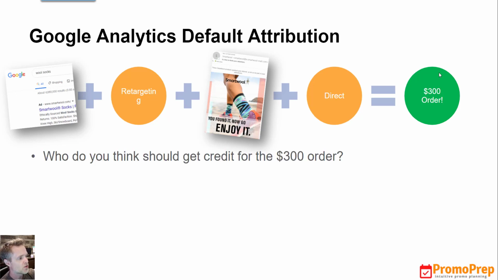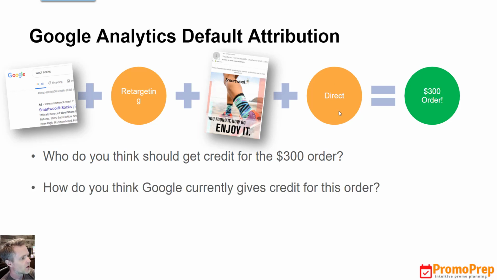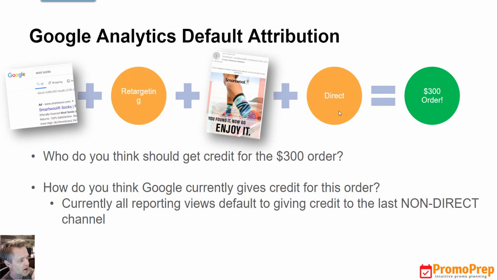So what do you think? Which channel do you think gets credit for this order? I mean, most people say direct, right? Kind of makes sense. However, the way that Google works by default is that it gives credit to the last non-direct channel.